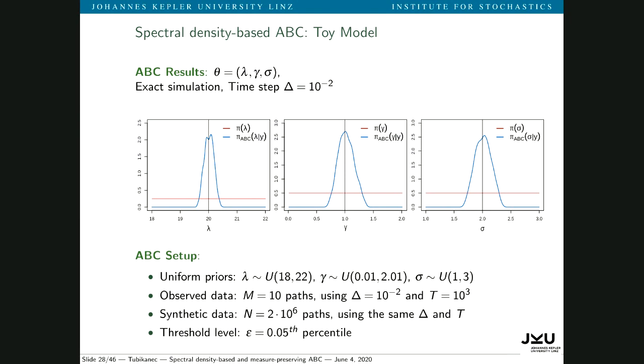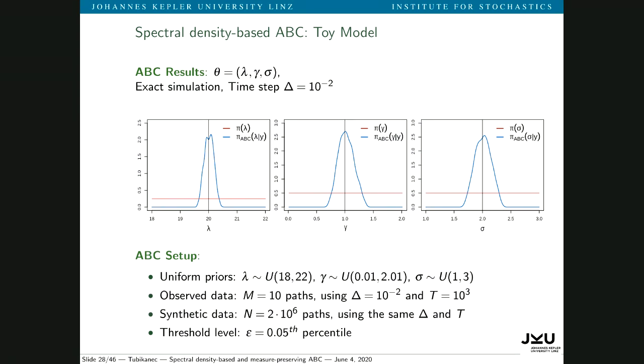Then we use simulated data as the observed reference data, because then we know the true values, which are marked as black vertical lines. And the blue curves are the marginal ABC posterior densities. We see that they have a nice unimodal shape and a center around the true parameter values.